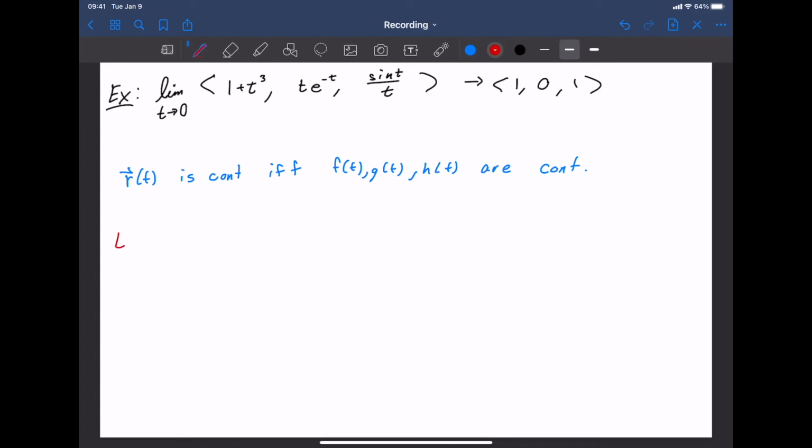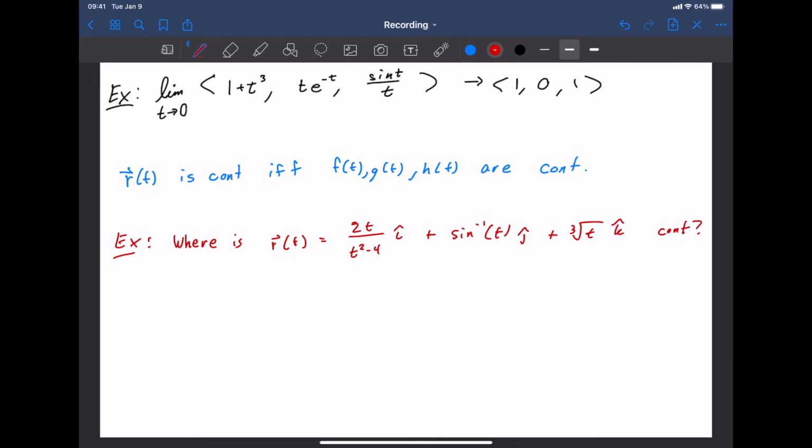So a quick example of that would be something along the lines of: where is r of t equal to 2t over t squared minus 4 i hat plus sine inverse or arc sine t j hat plus cube root t k hat continuous.